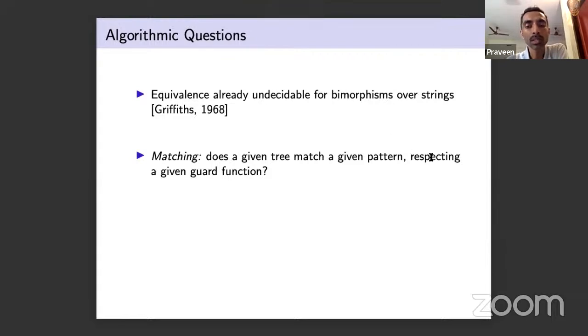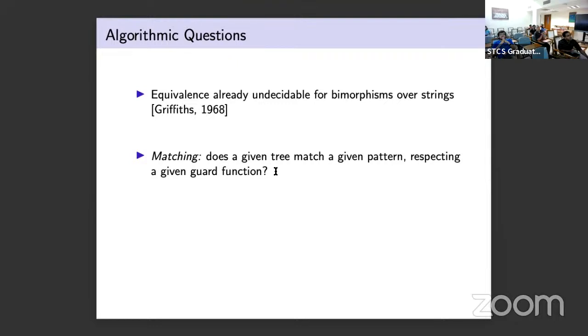But then we have this guard function, right? So we also want to restrict the kind of substitutions that you use. So we want to check if there is a match between the tree given and the pattern given, respecting the given guard function. So Praveen, just to make sure that I'm following you. When you talk about the matching question, it is about finding the existence of a substitution which satisfies the guard function.